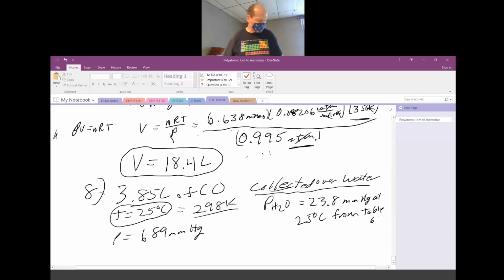Table 5.6 maybe, or whatever table is given on the test. Whatever that table says for the pressure of water at 25 degrees Celsius, which would be 23.8, that's your pressure of water.